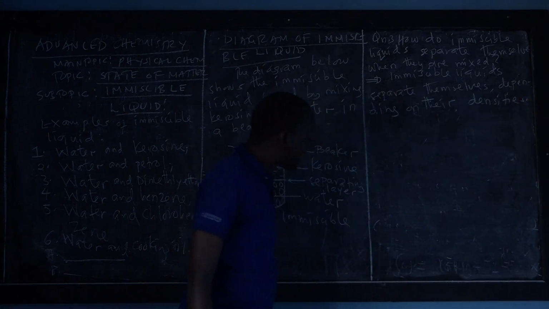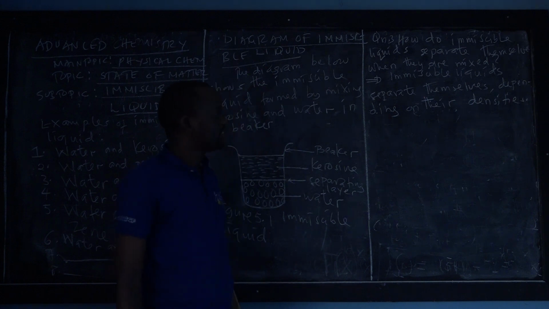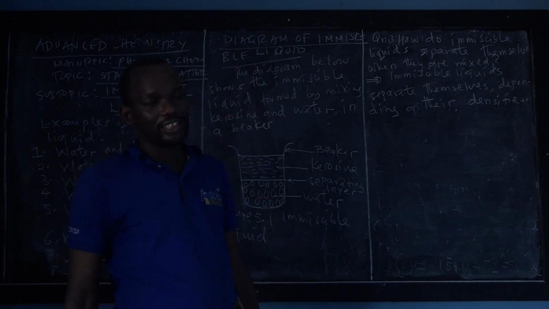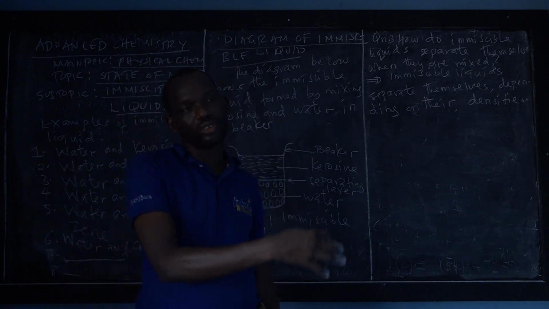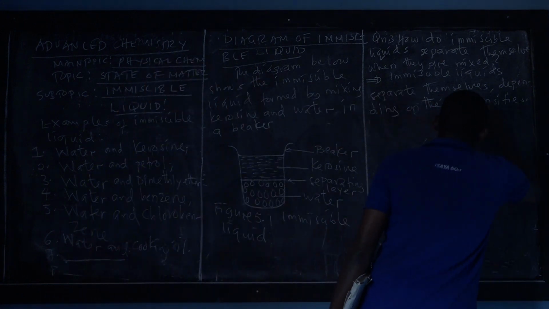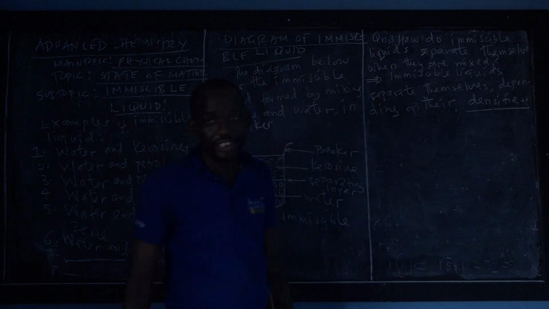So the parameter which these immiscible liquids use to separate, for one immiscible liquid to be at the top of the other, or one pure solvent to be at the bottom of the other, the factor is density. That's the parameter that they use, right?